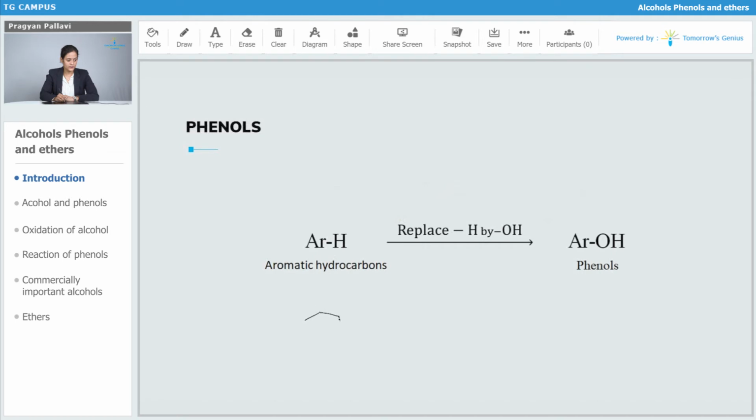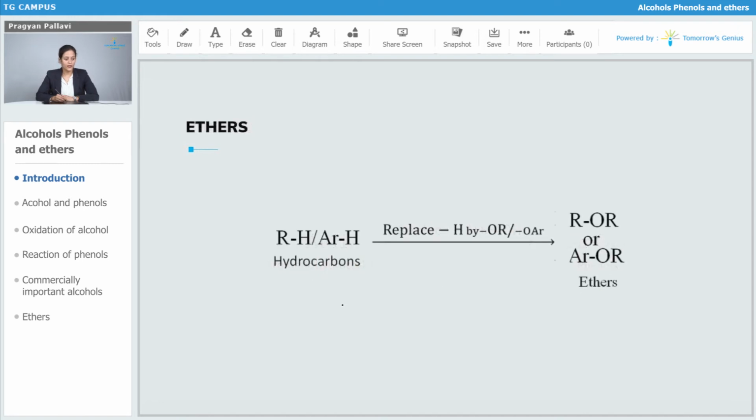So let's say this H is replaced by OH and we are going to get phenols. And if we have hydrocarbons and this H is replaced by OR, where this R can be either alkyl or aryl, then we will get ethers.